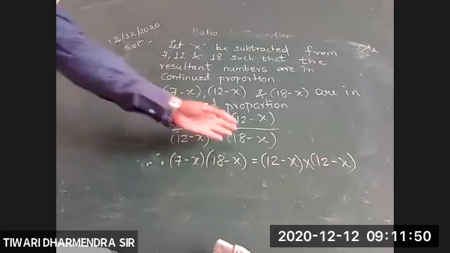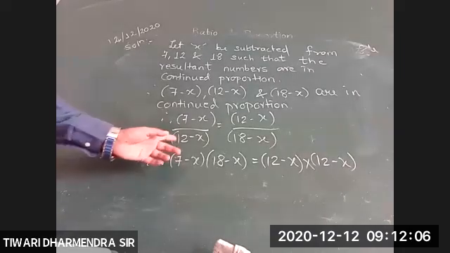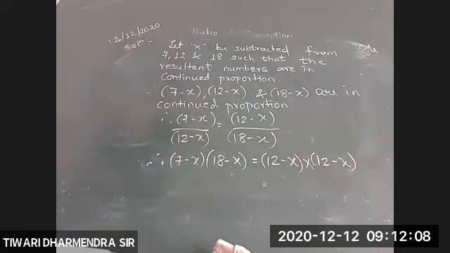What I did, I've taken the terms present in the denominator to their opposite sides. The term which was present on the left hand side, I've taken to the right hand side. It was in the form of division on the left hand side, so it took the form of multiplication on the right hand side.